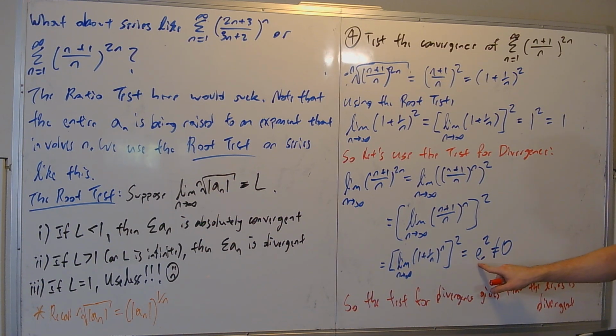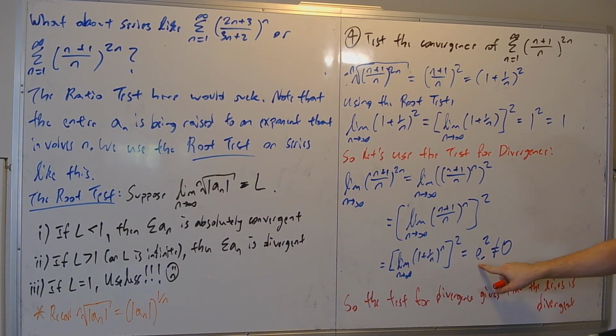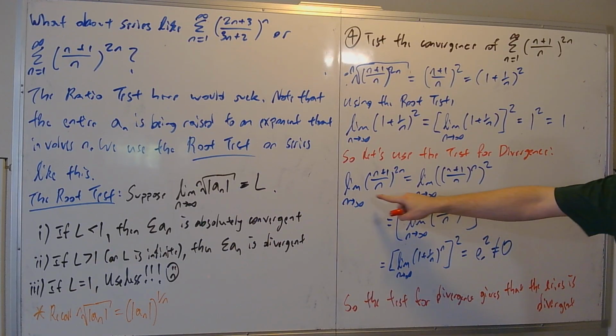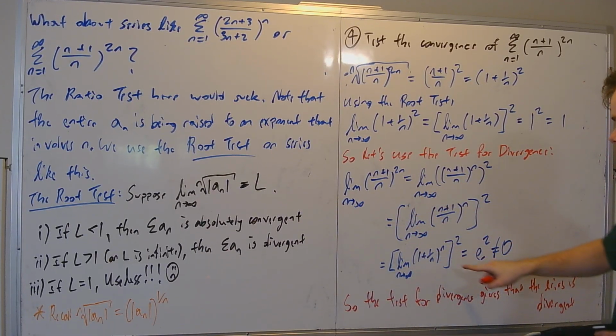Because if you keep adding a positive number to itself infinitely many times, you're going to go towards infinity. So that's why the test for divergence says if this limit of the term on the inside, this a_n, is non-zero or doesn't exist, then it's divergent.